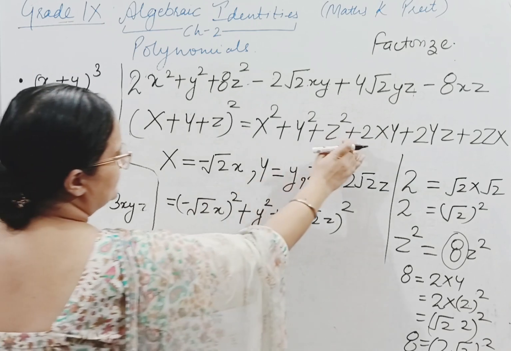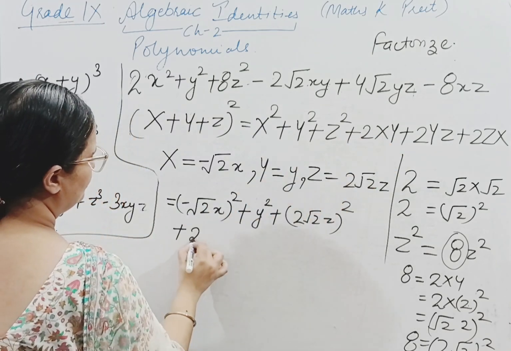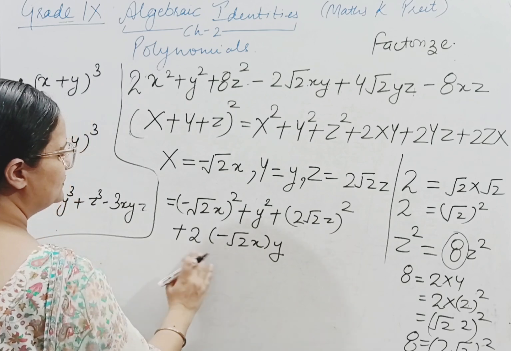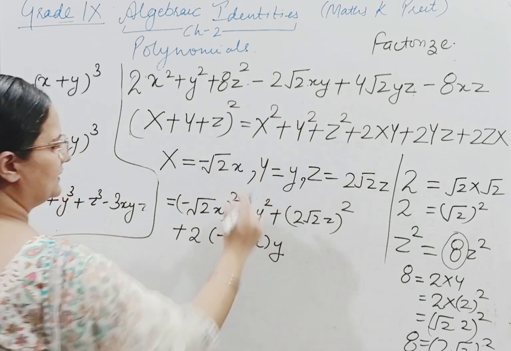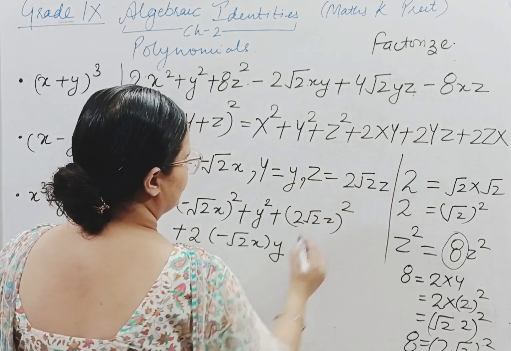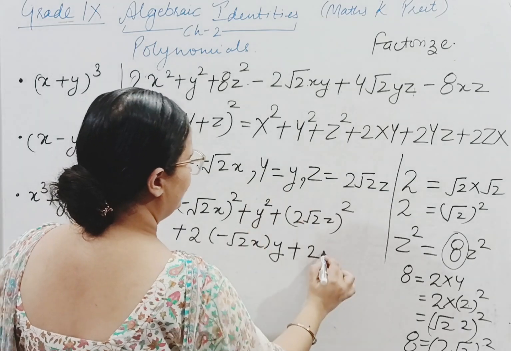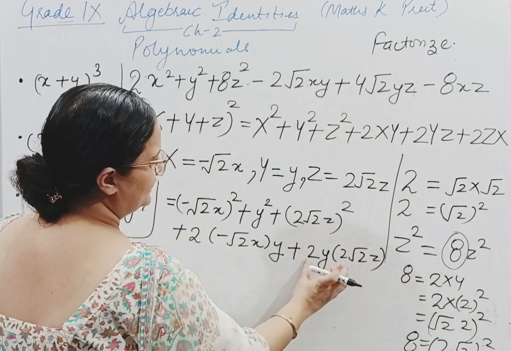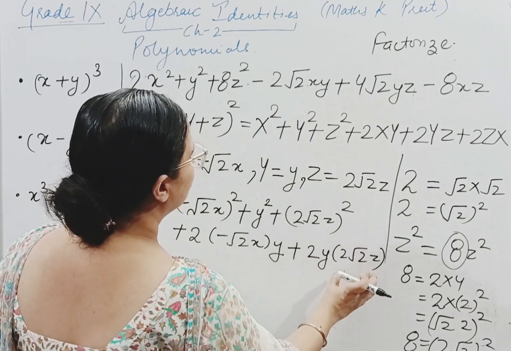Next term is plus 2xy, plus 2, this is my x, this is my y. So I'll get minus 2 root 2 xy. Fine. Second term is plus 2yz, plus 2, this is my y, this is my z, 2 root 2 z. So after solving, I'm getting 4 root 2 yz.